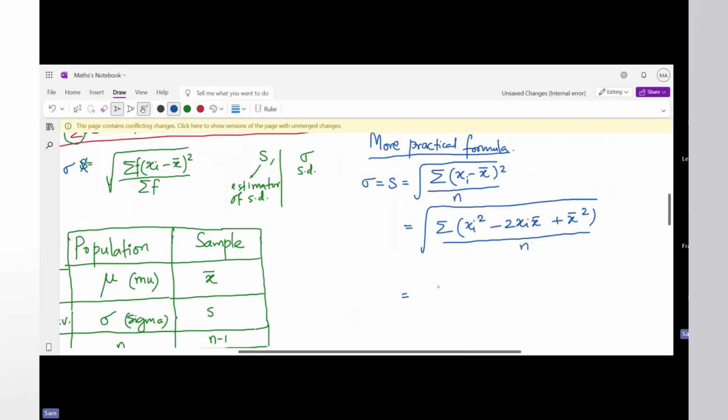So this would be sigma xi squared upon n, minus sigma 2 xi x bar upon n, plus sigma x bar squared upon n. Is this bit clear?